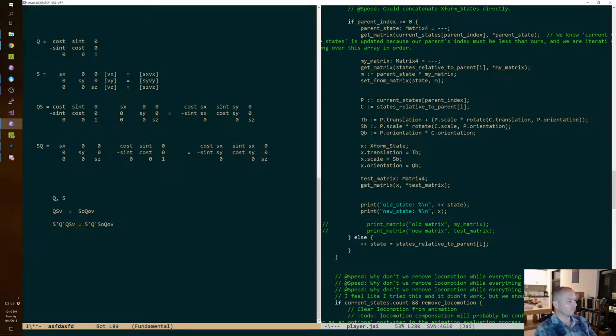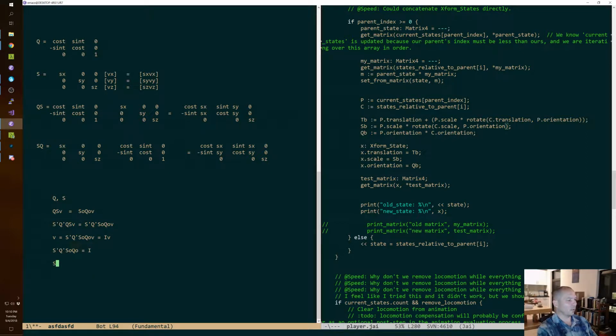So these annihilate each other, right? So you have V equals this, right? And what that must mean is that this equals the identity times the vector, right? And so S minus 1, Q minus 1, SO, QO must be equal to the identity, right?